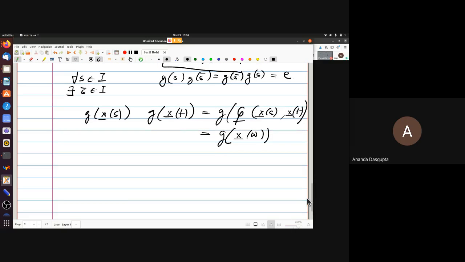Okay. Now, the important thing is this t, which runs over the interval I, gives you a parameterization of the curve, but it should be easy to understand that you can choose to parameterize the curve in many different ways, right?